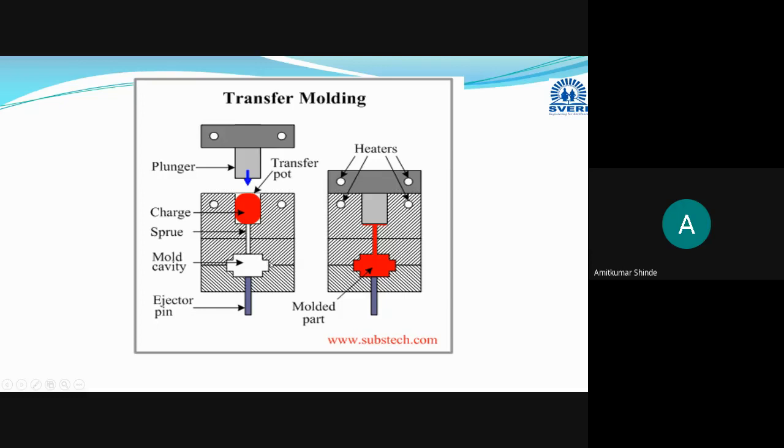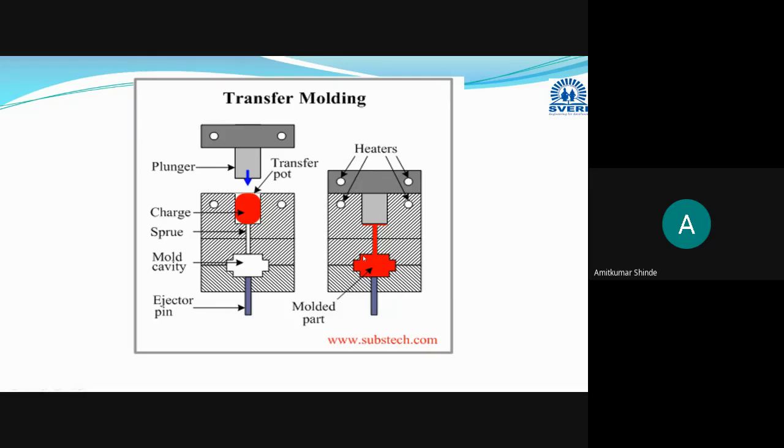It is allowed to cool for some time, and after cooling, with the help of the ejector pin at the bottom, this part of the cavity can be removed, and the final product is obtained. This is your final product.